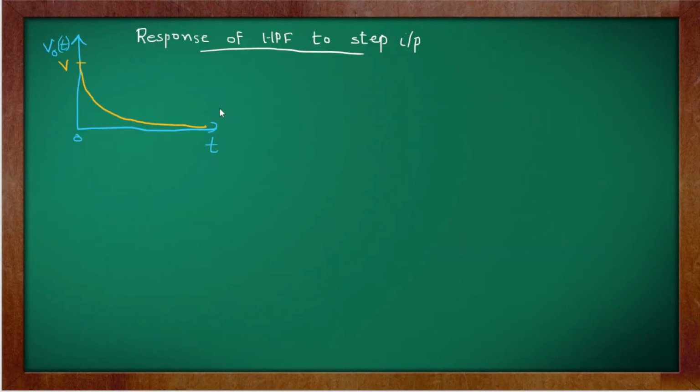So we have seen that if a step function of amplitude V is applied to a high pass filter, the output decays exponentially, and it is denoted by the expression V naught of t is equal to V e raised to minus t by RC.